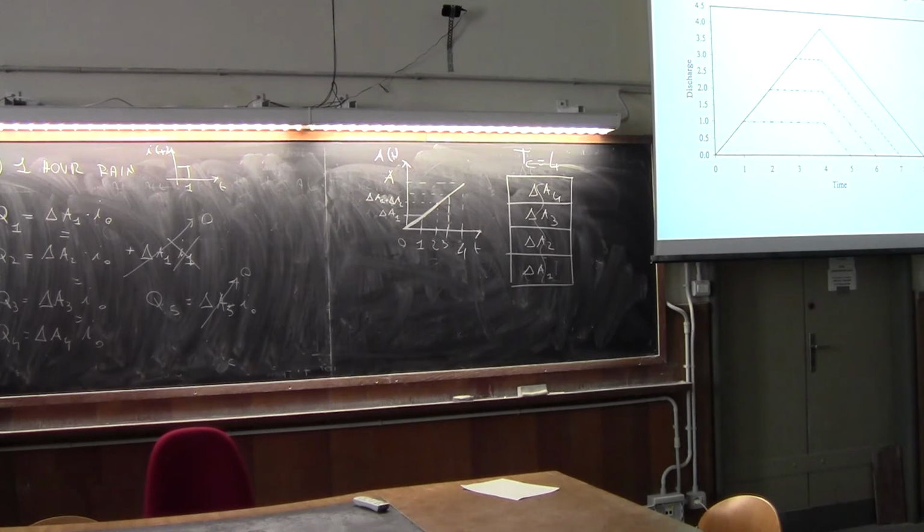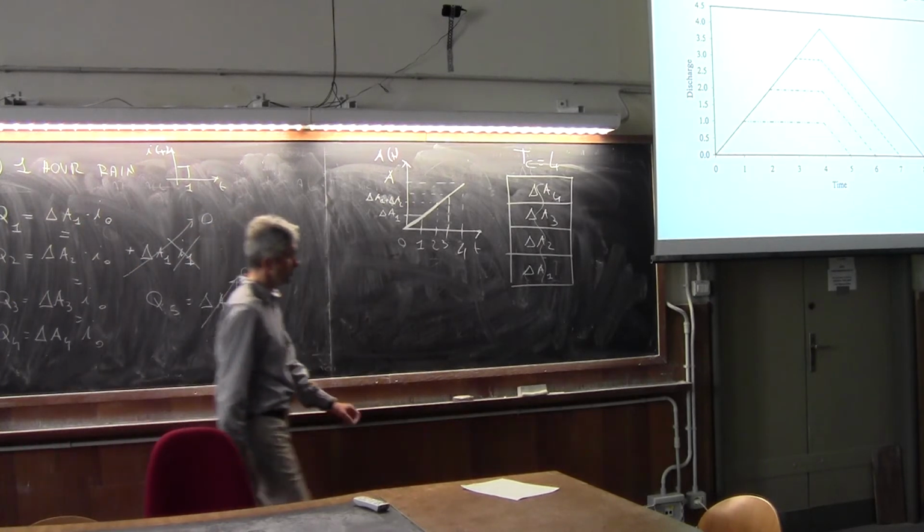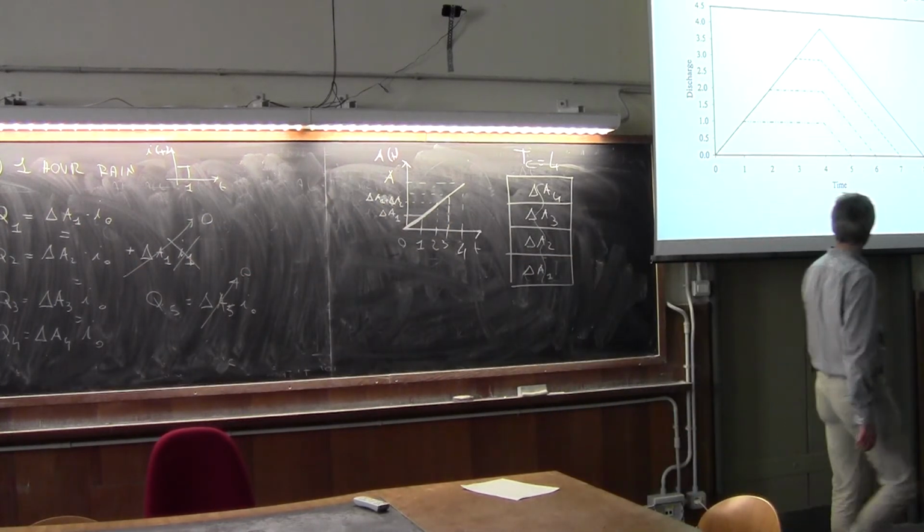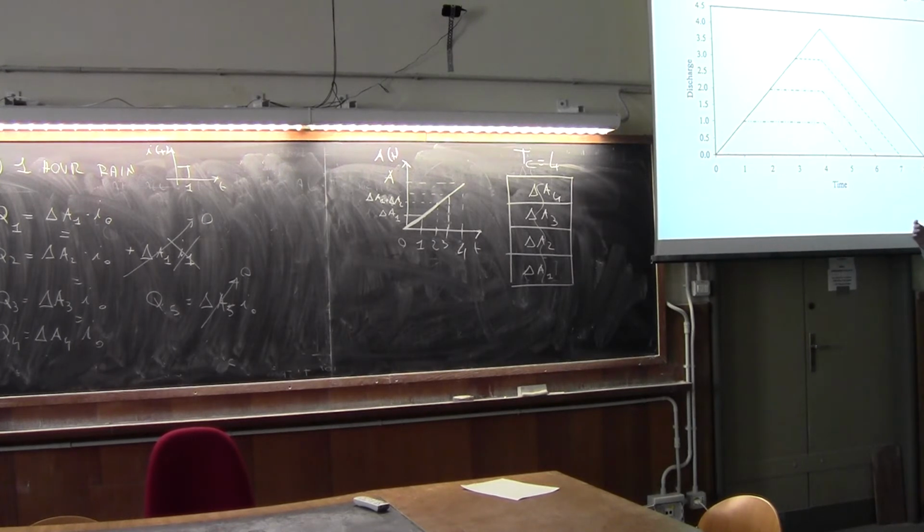But I2 is 0, and then this term vanishes, is not there, and then I can put an equal sign here. And if I move forward, I complete the description, and I get the second hydrograph, this one. And what's the difference? The difference is that the peak flow is twice the previous one.